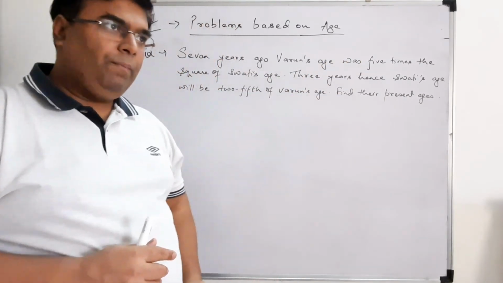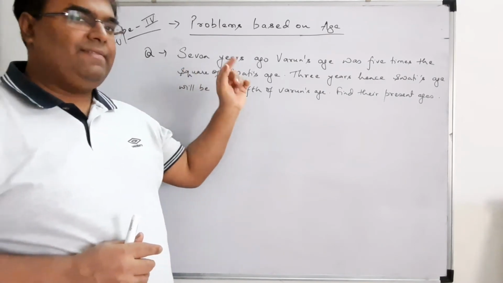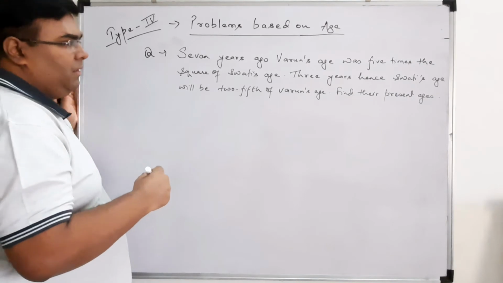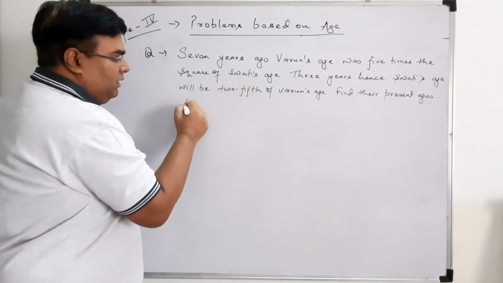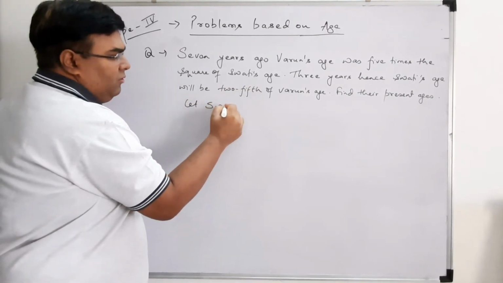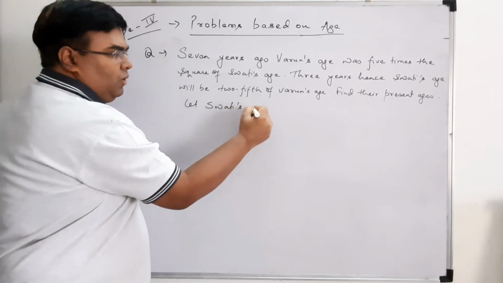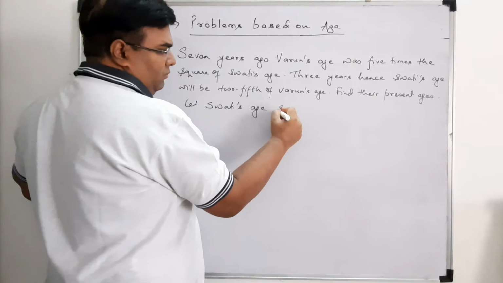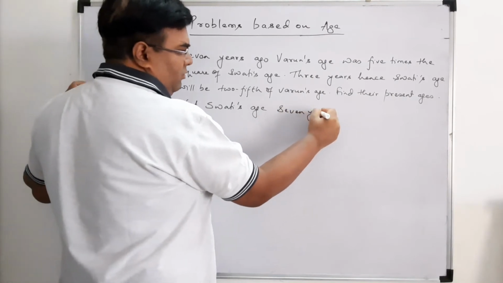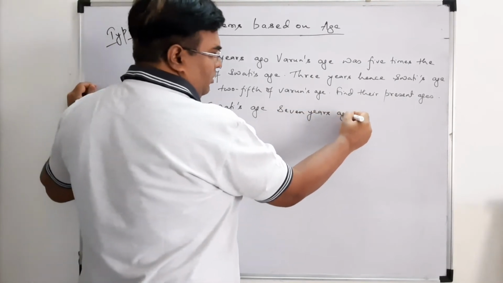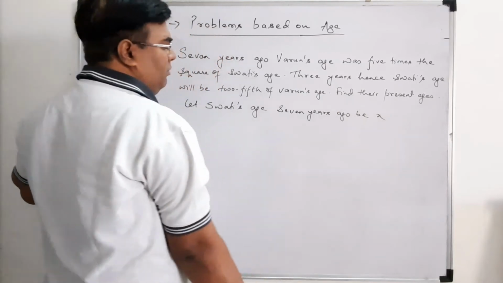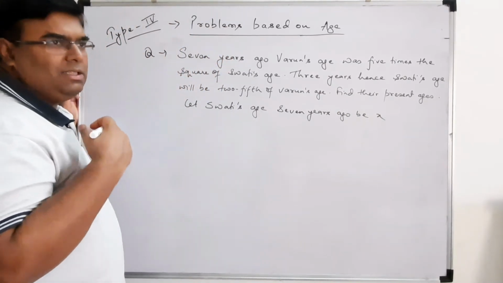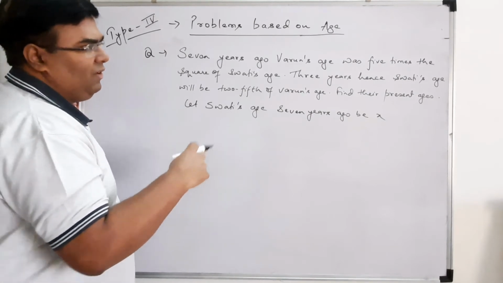So what we will do, we will start with the 7 years ago condition. Let us say Swati's age 7 years ago, let it be X. So what will be Varun's age?